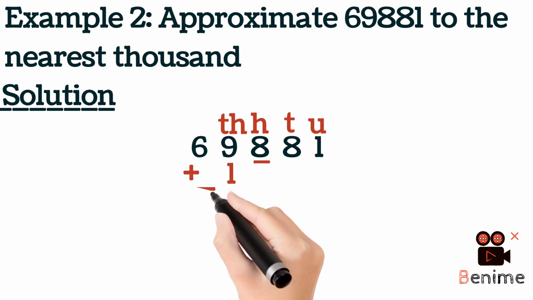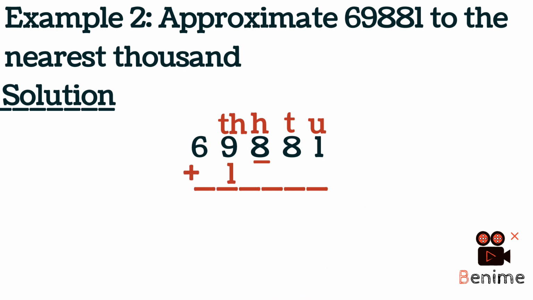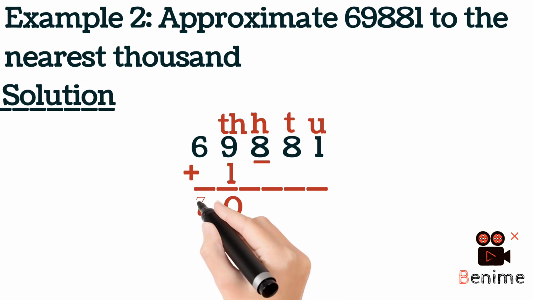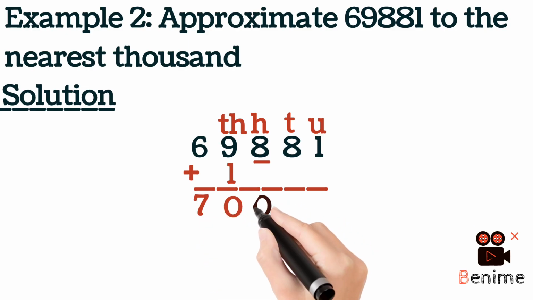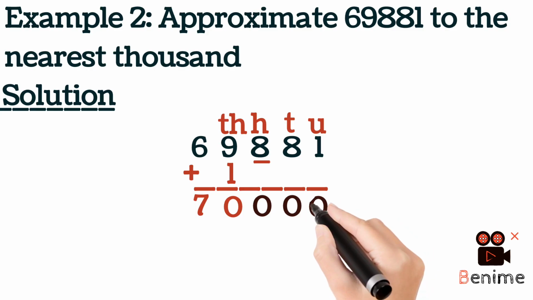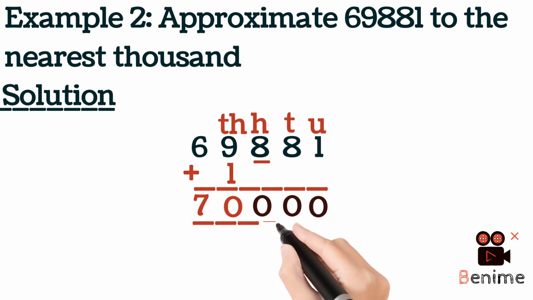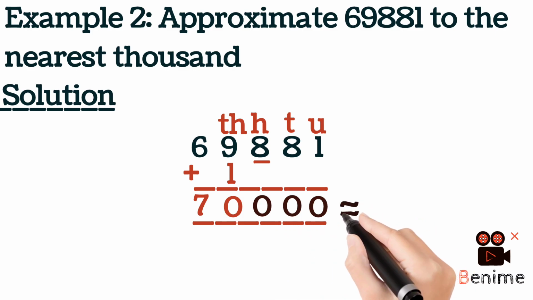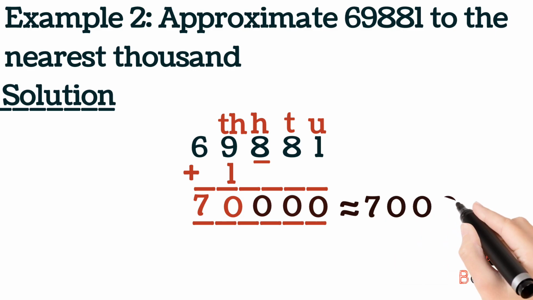So I'm going to write my 0 and take the 1 up. 6 plus 1 is 7, which is like 69 plus 1, which is 70. While the other numbers become my sacrificial lamb, and they take the place of 0. So my approximated answer becomes 70,000.